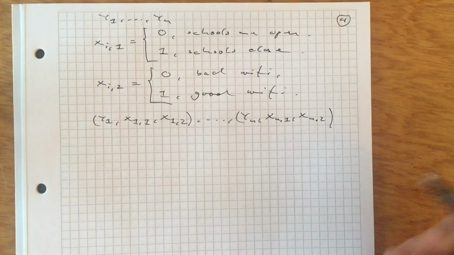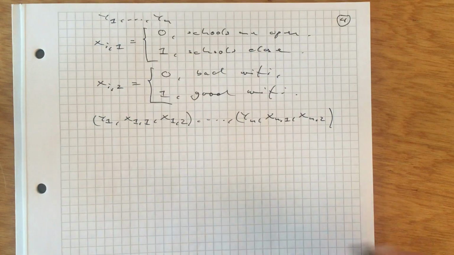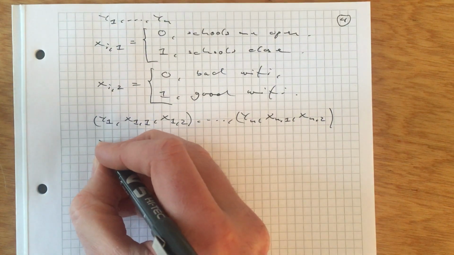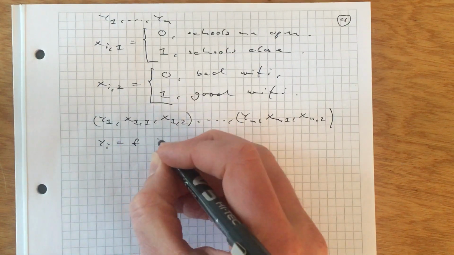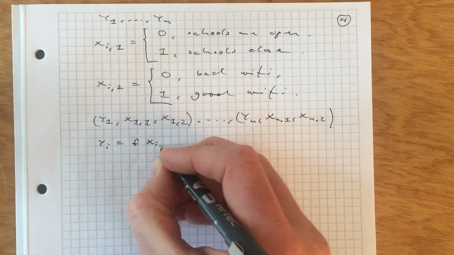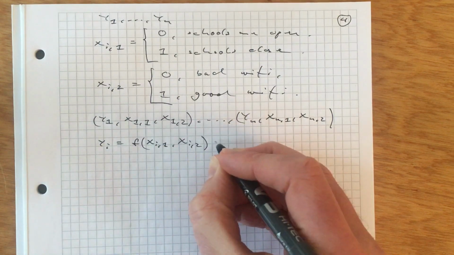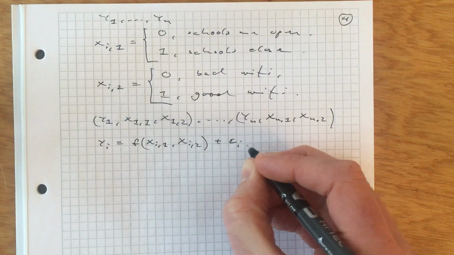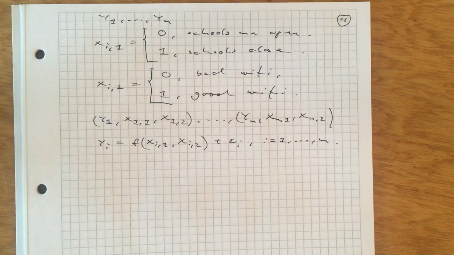Okay, and so we still need to connect the x's to the y's, so we'll do that with this statistical model where yi is equal to some function f of xi1, xi2 plus some mean 0 noise, and this is for all these n countries.